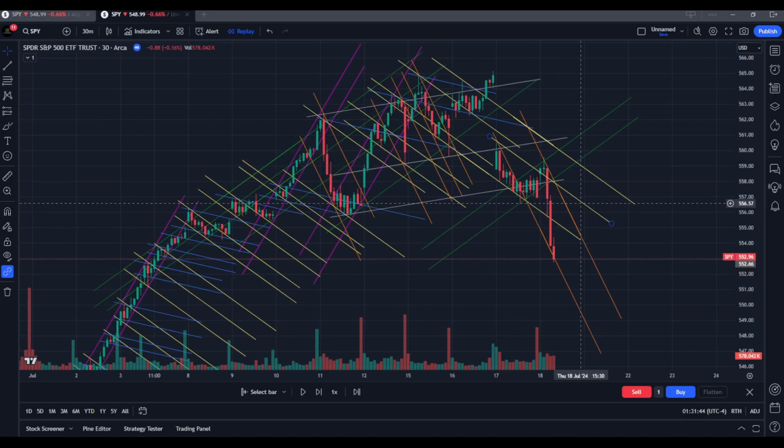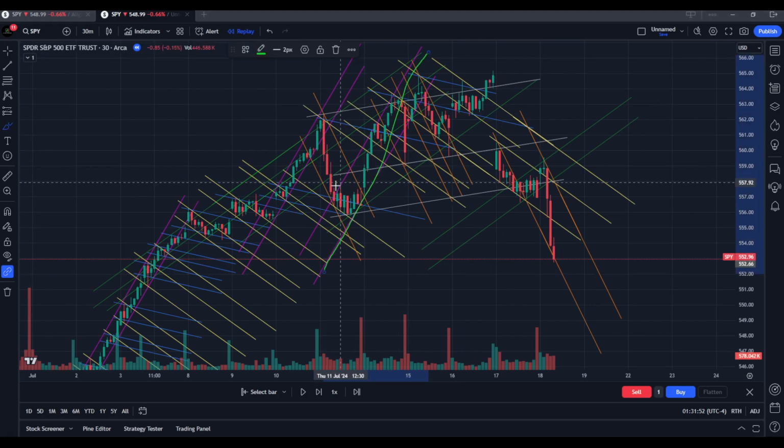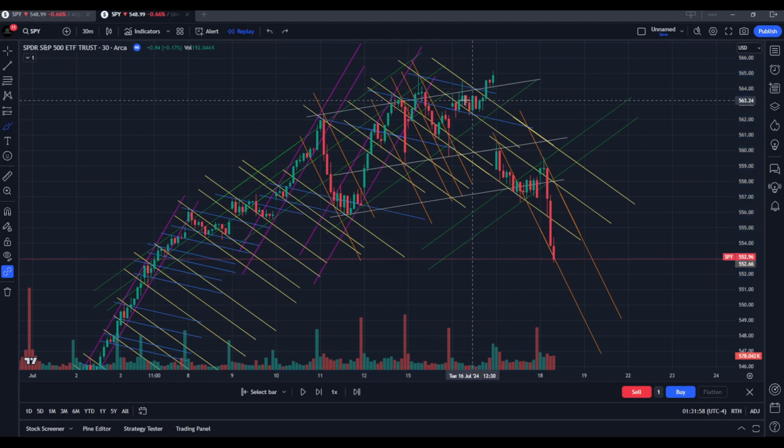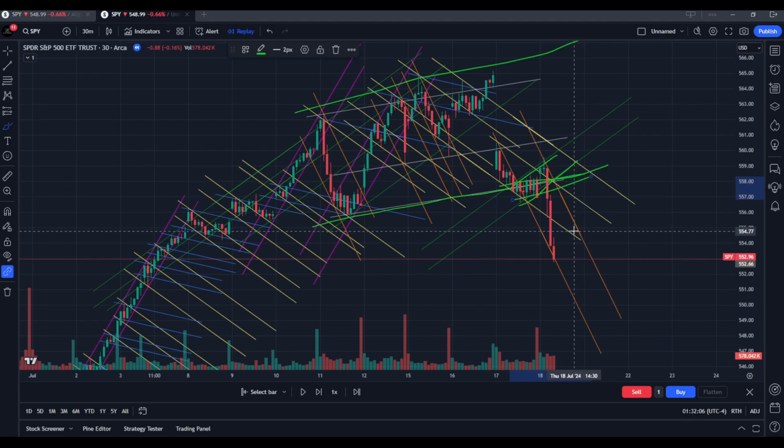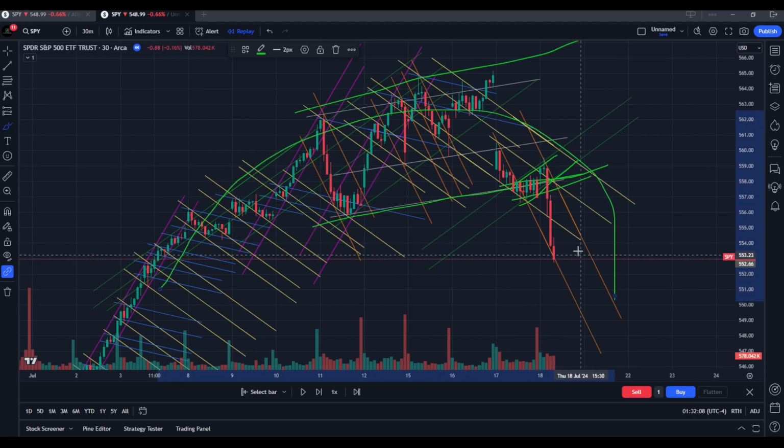Now I had to chart this orange selling channel right here, as well as this tapering white algorithm that you can see as we have this purple, we have the green, and now the final stage being this white tapering right here. And you will see that we'll be looking for this green and we'll be looking for this white as we head down if we continue completing this inverse cup and handle.